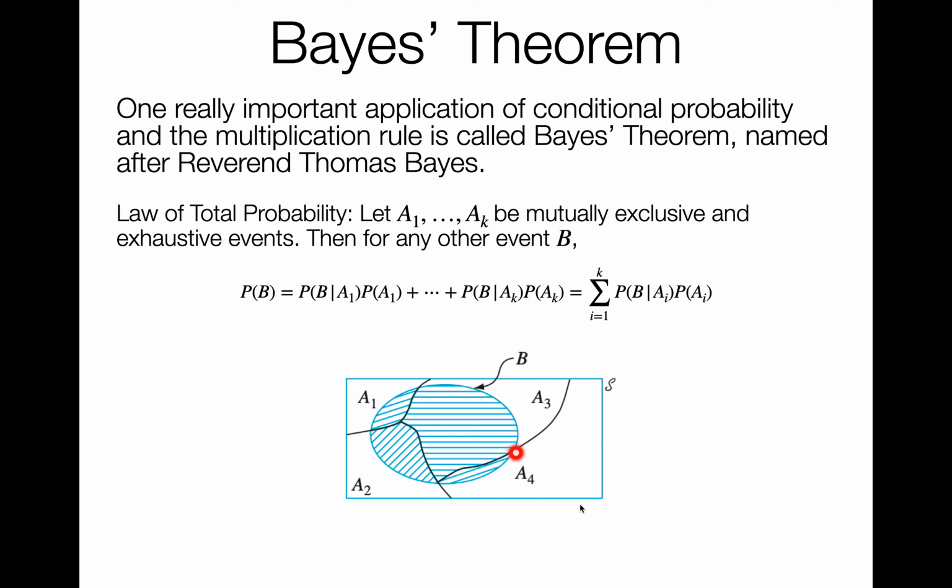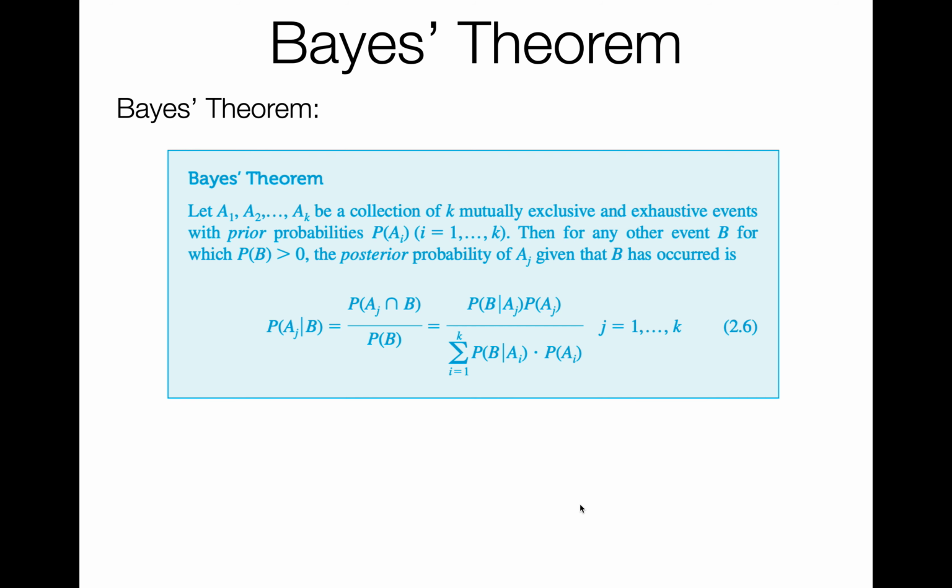For example, I can understand that this much of B is in A3, and the same with A4, A2, and A1. Then I can add them all together, and in a sense I get B unconditioned on those A's. We'll see in an example how this makes sense in the real world. But that's the law of total probability, and that is part of what Bayes' theorem says.